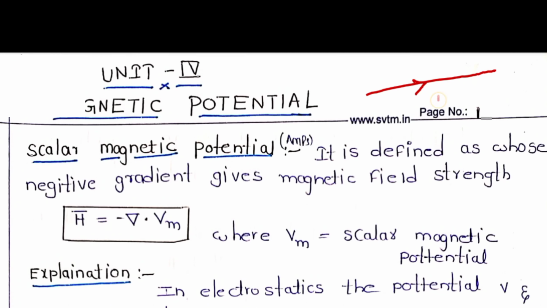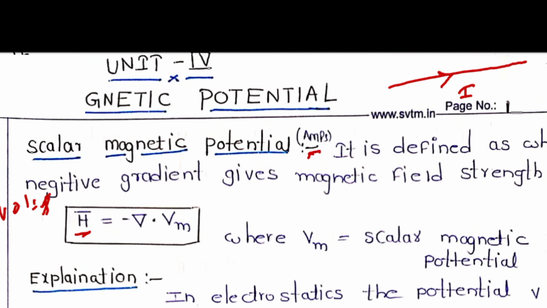Because of this current, the magnetic field strength is produced, and so the scalar magnetic potential has units of amperes. Electric potential has units of volts, but scalar magnetic potential has units of amperes. It is interesting that the moving charge, the current, produces the magnetic field intensity. Hence, the scalar magnetic potential has units of amperes.